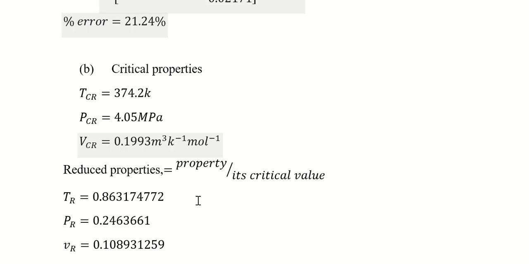After extracting your critical properties from table A1, now you're going to find the reduced properties, which is equal to the property divided by its critical value. Let me get my calculator.